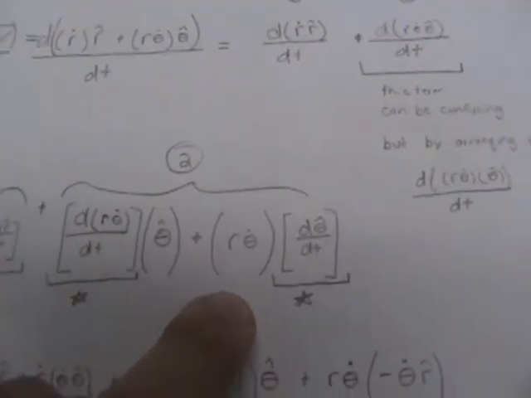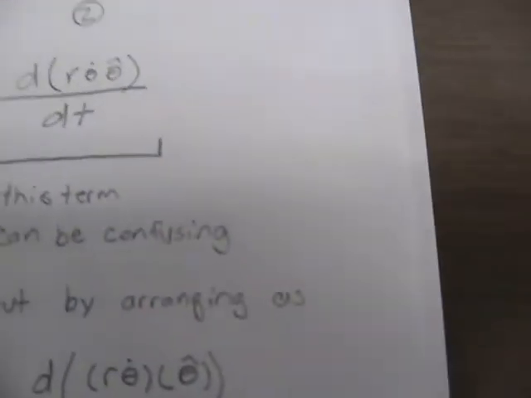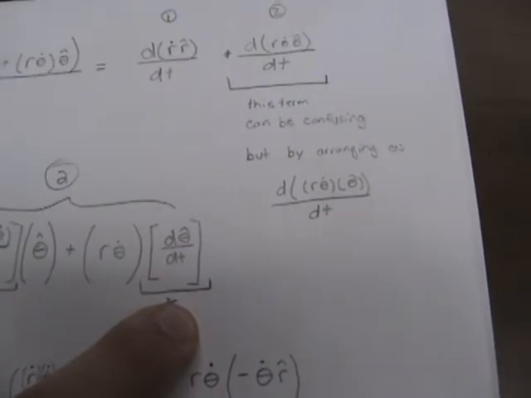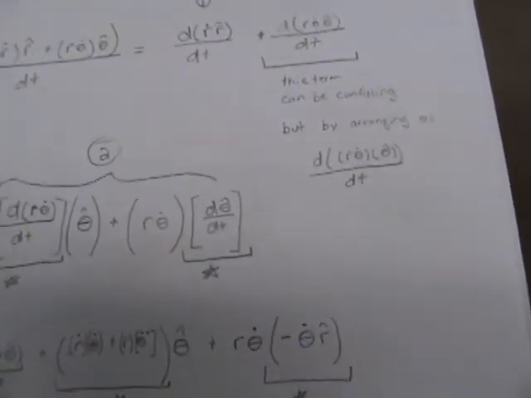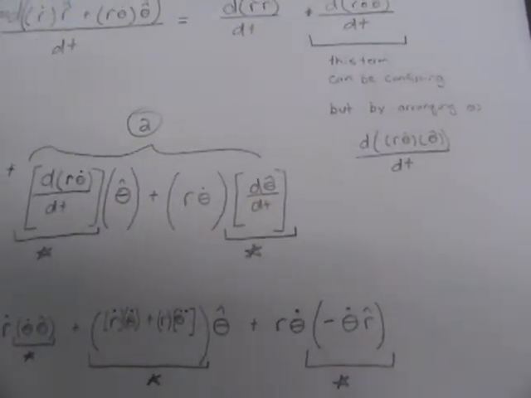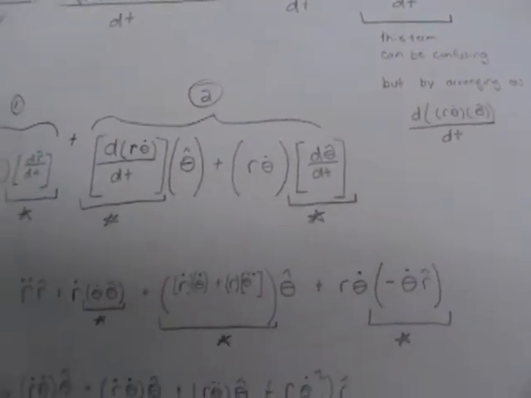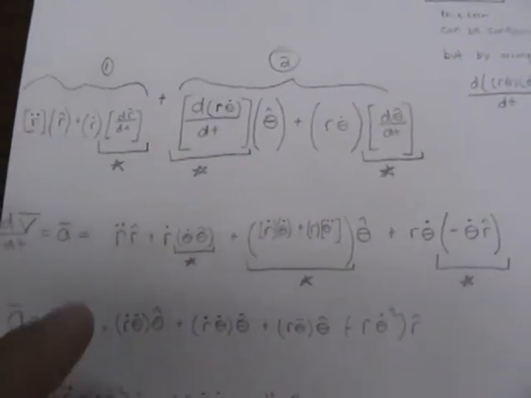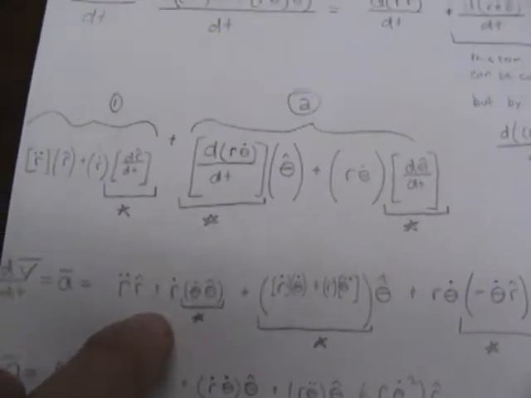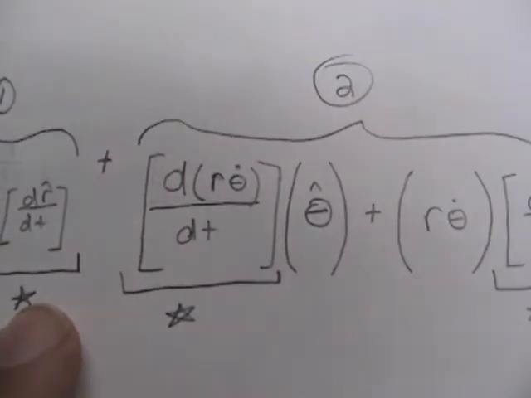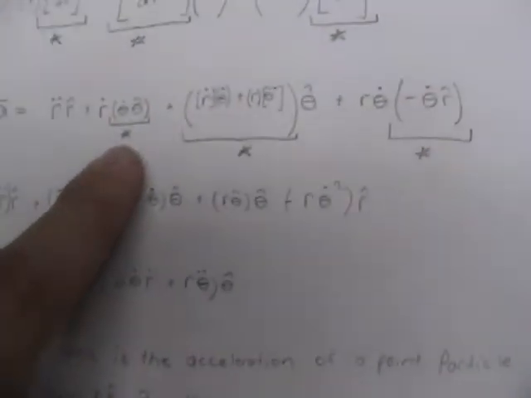And then we keep the first term, which, like I said, is those first two terms, and then multiply by the derivative of theta hat. Again, we know the derivative of theta hat to be negative theta dot r hat. Okay. And I put stars. These are the ones that were the tricky ones. And I put stars here when I have expanded them out.